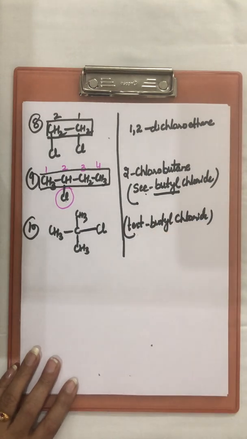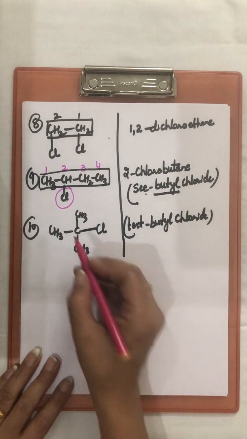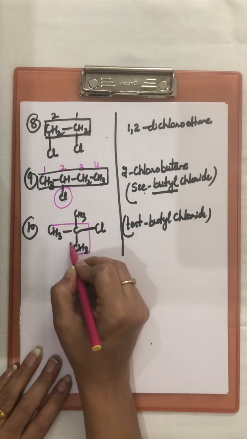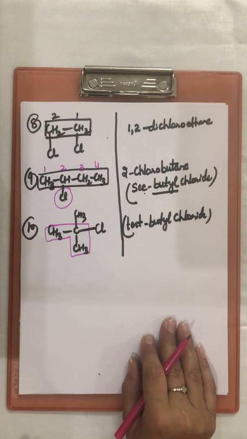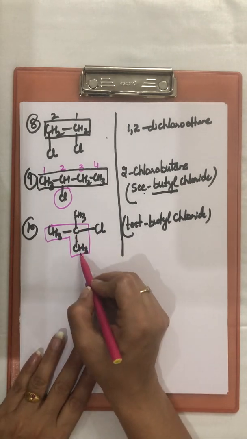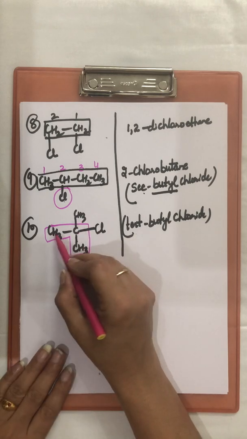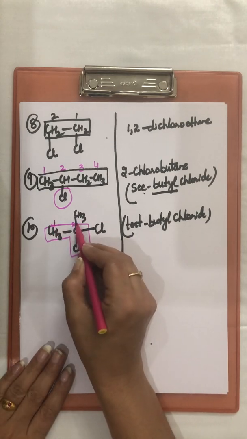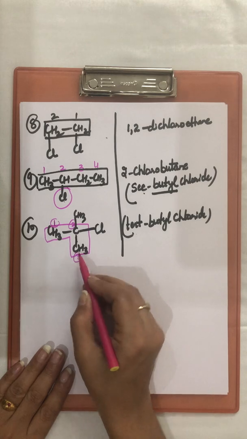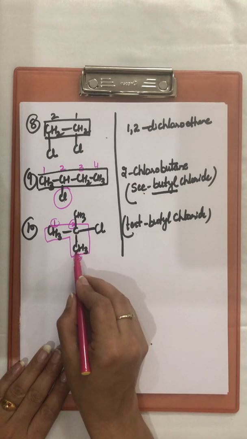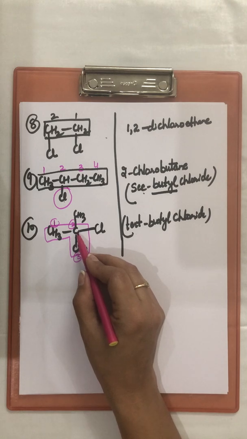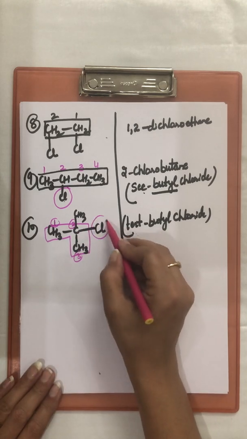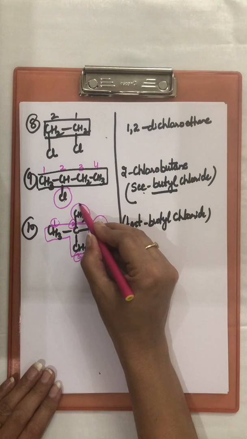And for the IUPAC name of this compound, the parent chain will have 3 carbon atoms. Maximum there will be 3 carbon atoms in this chain. Either we can take this way or this way, and numbering from here, or we can start the numbering from this carbon atom, 1, 2, 3. This halogen will get the second position only. So these two substituents are left.